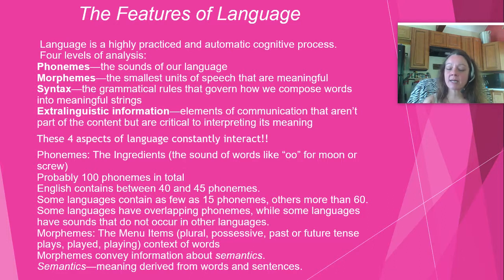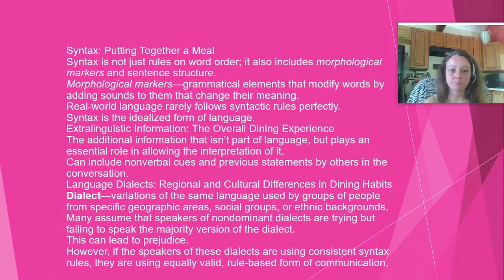And basically what we're conveying is that information about the semantics, okay? And semantics is just that. Semantics means words, the meaning of those words, and once again, it's the context of those words.